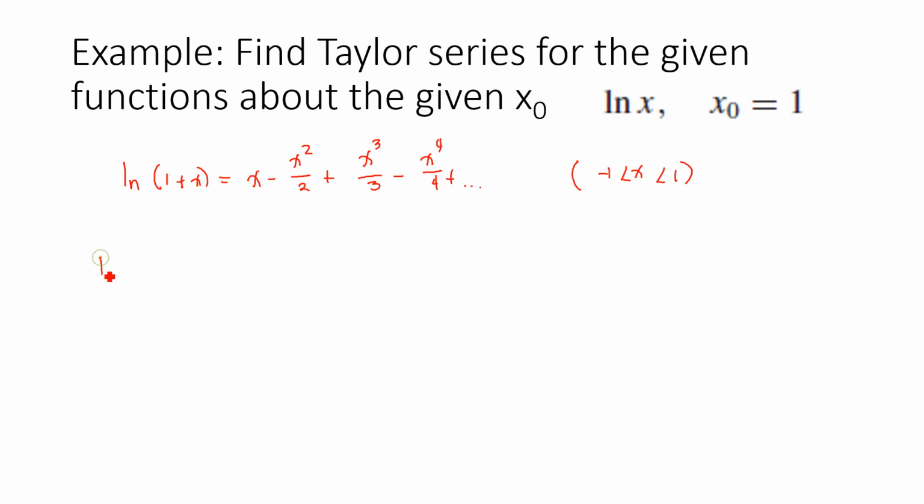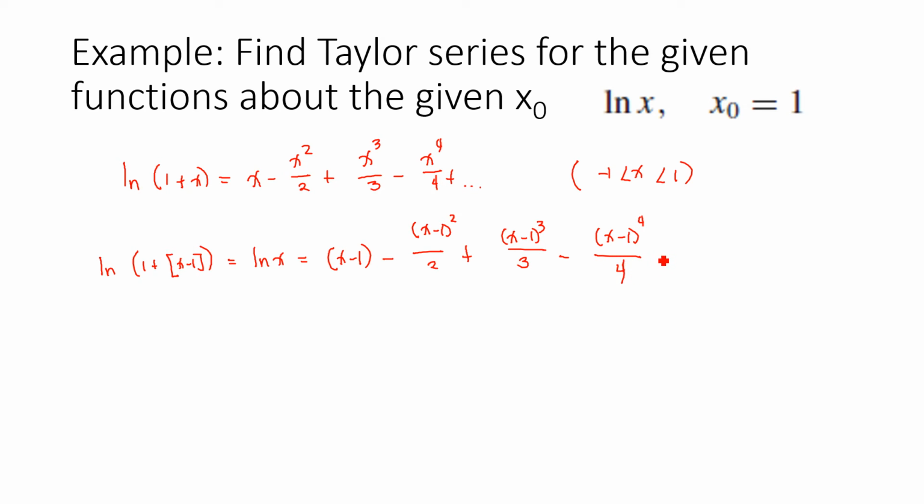the natural logarithm of 1 plus the quantity x minus 1, which gives us the natural logarithm of x, equal to the quantity x minus 1, minus the quantity x minus 1 squared over 2, plus the quantity x minus 1 cubed over 3, minus the quantity x minus 1 to the fourth over 4, plus so on.